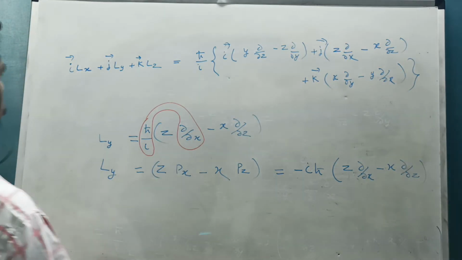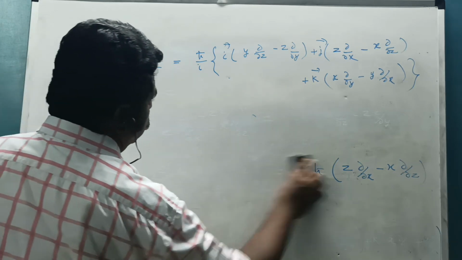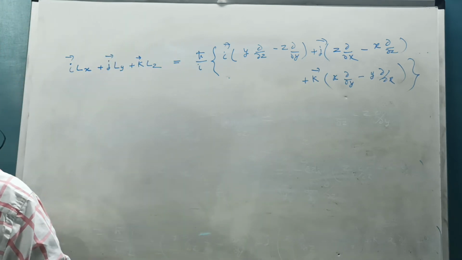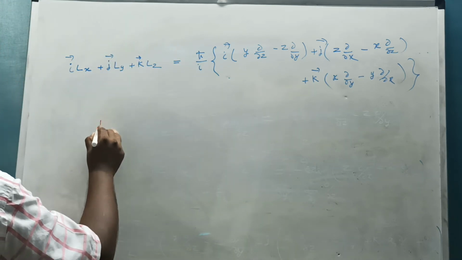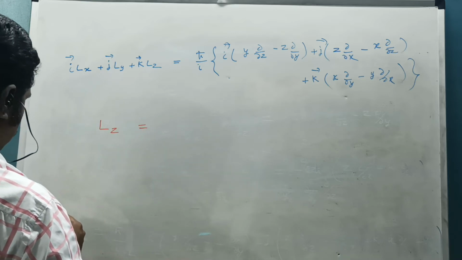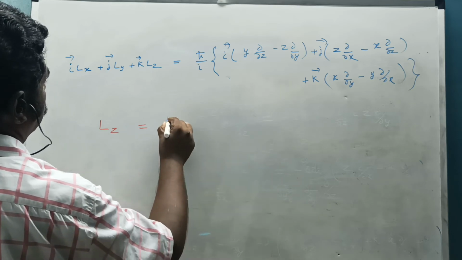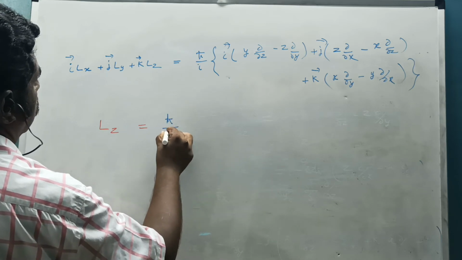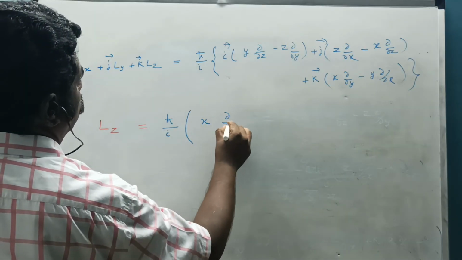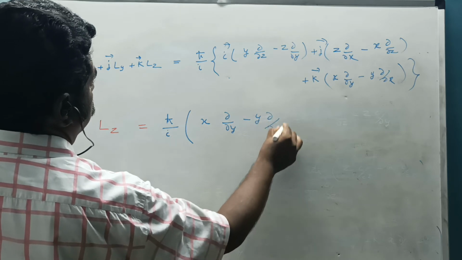Then if you compare the coefficient of k on both sides, we can get Lz. Lz equals ħ/i into x ∂/∂y minus y ∂/∂x.